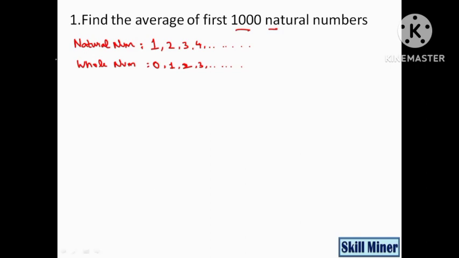So average of first n natural numbers is equal to n plus 1 divided by 2.